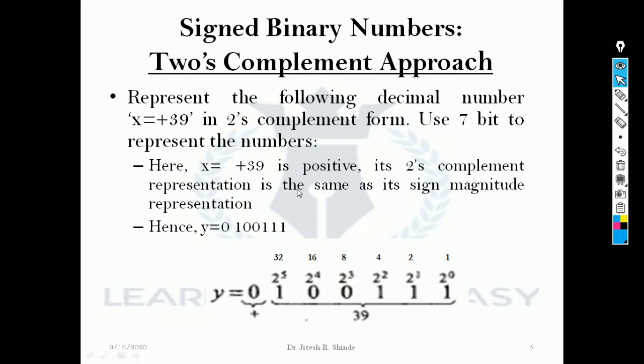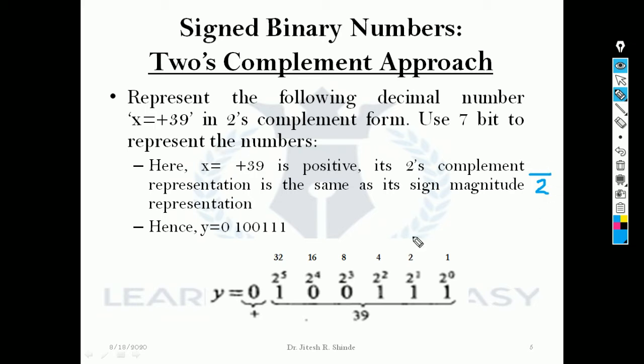Here the number is positive, so the MSB will be 0, and the remaining bits represent the magnitude. You can find the magnitude by using the divide by 2 approach, which has been taught in number system conversion; you can refer to that video for integers.